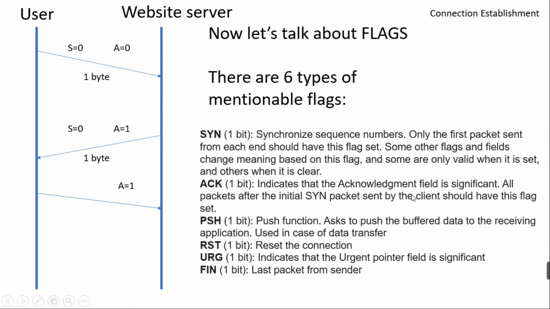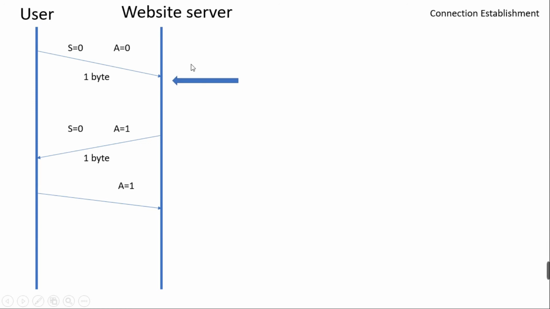Because you can see from the description that only the first packet sent from each end should have this flag set. This is the very first packet sent from user to server, so it should have the synchronization flag attached, because we're trying to establish a communication, so we need to synchronize between our side and the receiver side. That's why the synchronization flag is working in this very first step.